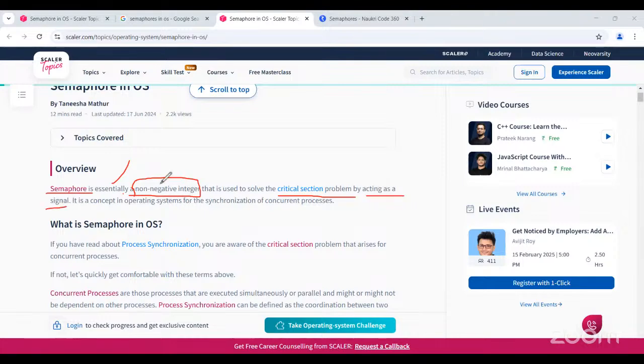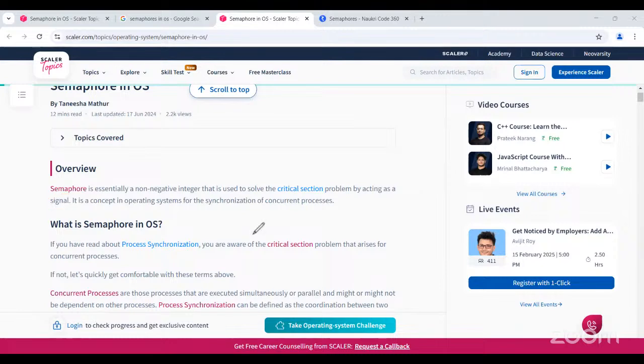So you can understand a semaphore as a kind of signal, a non-negative integer, that can be used to solve critical section problems. That is what exactly a semaphore is. It is a signal.